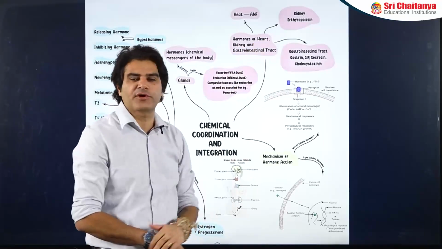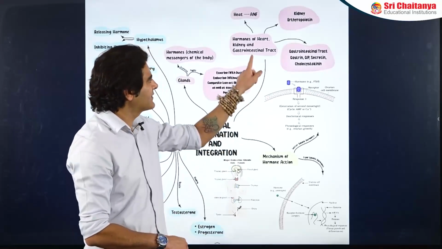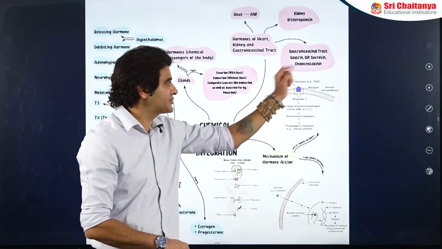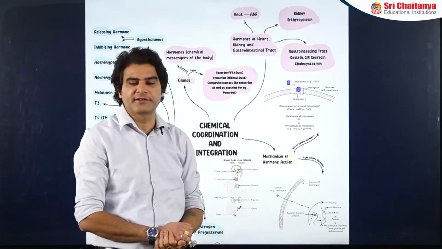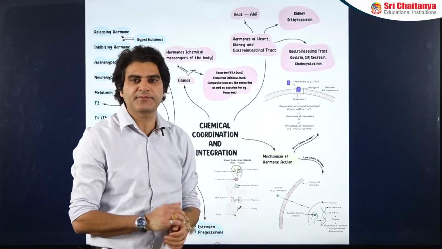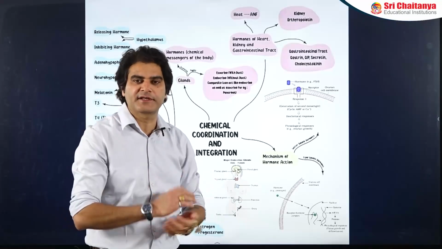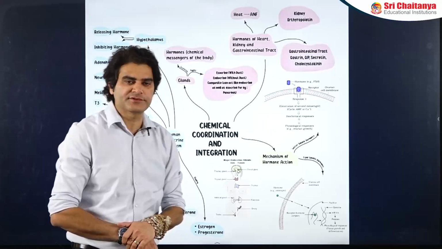Kidneys produce erythropoietin, the hormone that is essential for RBC production, and the gastrointestinal tract also produces many hormones: gastrin, gastric inhibitory peptide, that is GIP, secretin, cholecystokinin. All these hormones regulate the entire activity of the digestive system, secretion of enzymes, motility of the digestive tract, that is peristalsis, and absorption, all stimulated by these hormones.